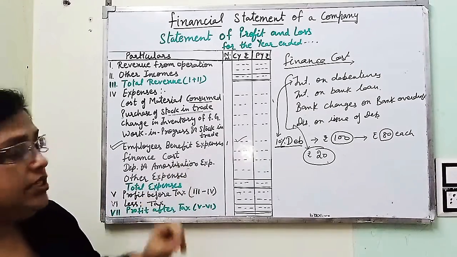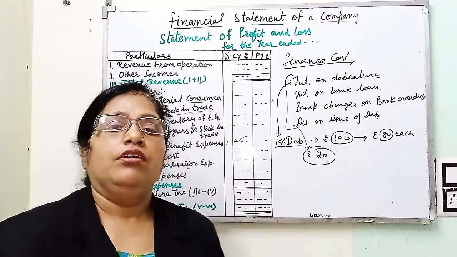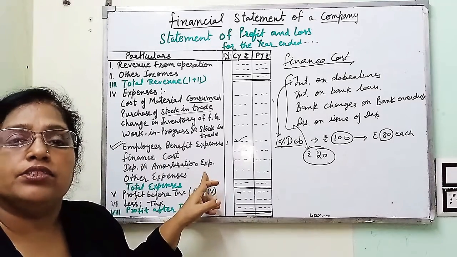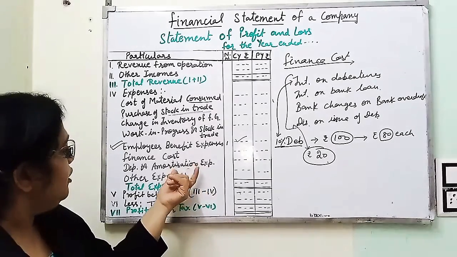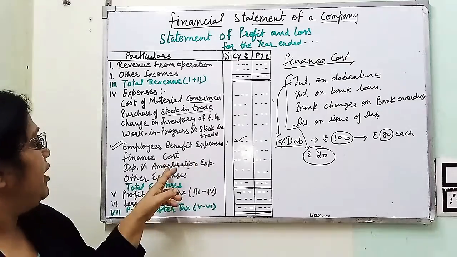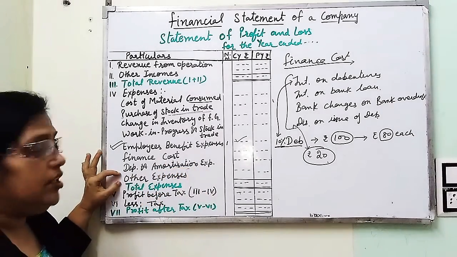And amortization means it is the fall in value of intangible assets. Intangible assets means goodwill, trademark, patent rights, copyright. So if the value of these intangible assets decreased, that will be entered in case of amortization expenses. Next is other expenses.